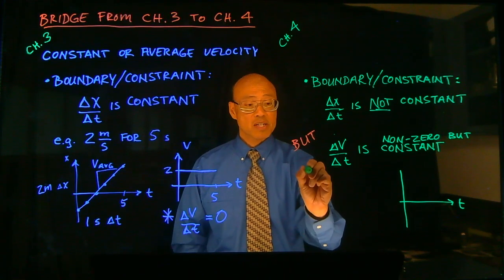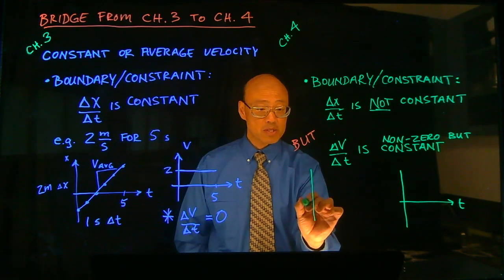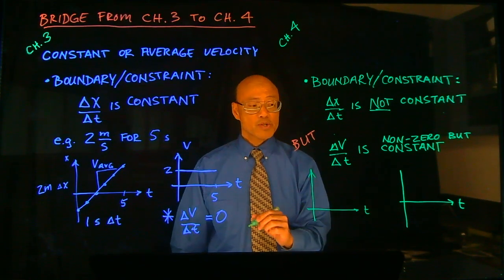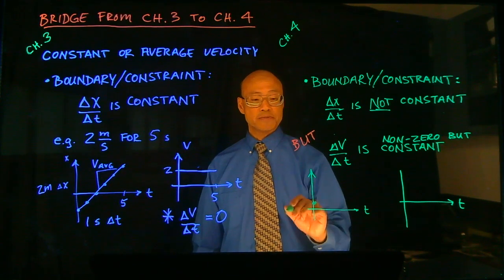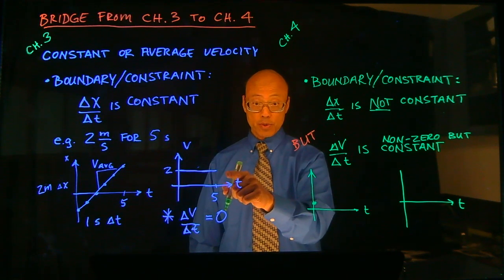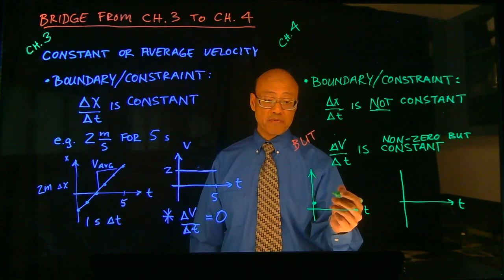We could have a picture that looks like this. I've got a velocity, and just to keep things simple, I'll stay in the positive the whole time. So I might have a velocity that, let's say I start here, and instead of staying constant at 2, it increases by 2 every second.